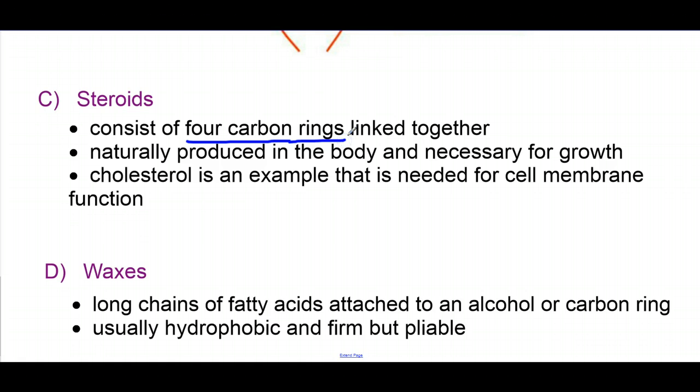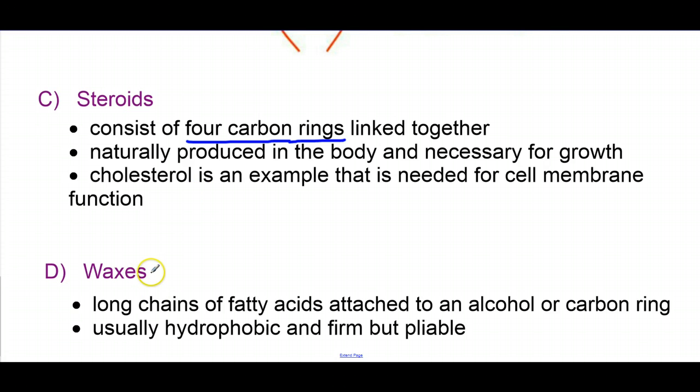When we say that, do you remember when we were talking about carbohydrates, there are 6 carbon rings linked together. These steroids are just considered 4 carbon rings and they're linked together. They're naturally produced in our body and they're necessary for growth. And cholesterol is an example of a steroid, and it's needed for cell membrane function. That's one positive side of cholesterol. Cholesterol can also be bad and clog your arteries.